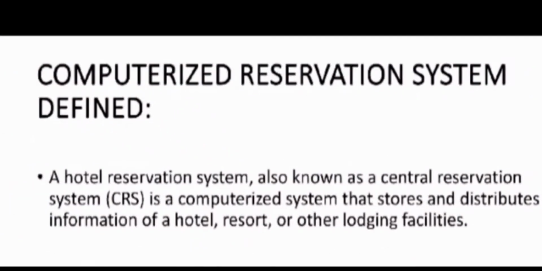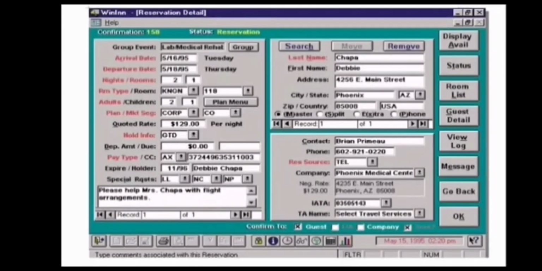A hotel reservation system, also known as a Central Reservation System or CRS, is a computerized system that stores and distributes information of a hotel, resort, or other lodging facilities. And this is the example of a computerized reservation form.